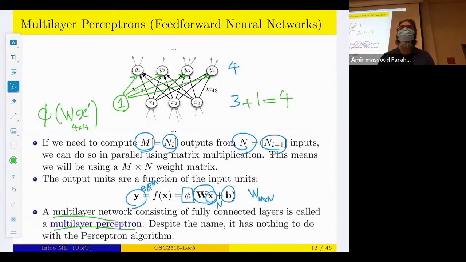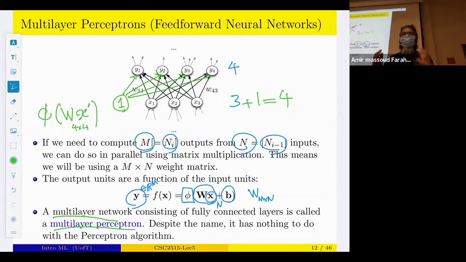But this is probably not a very proper name, because perceptron refers to a specific algorithm called the perceptron algorithm, which doesn't really have much to do with neural networks. You can think of it as a way of training a single layer neural network that connects input to output, no hidden layer. It's a training algorithm for that.